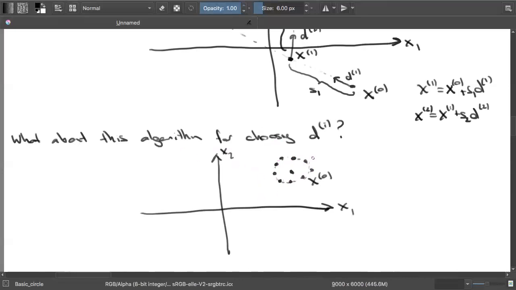Let's call this point Z. I'm going to check f of Z versus f of x0. And depending on whether I'm maximizing or minimizing, Z will either be better or worse than x0. What's wrong with that? It doesn't look too bad.